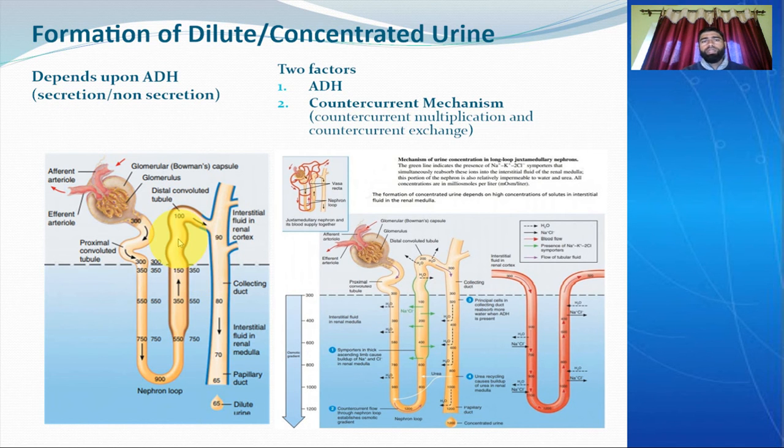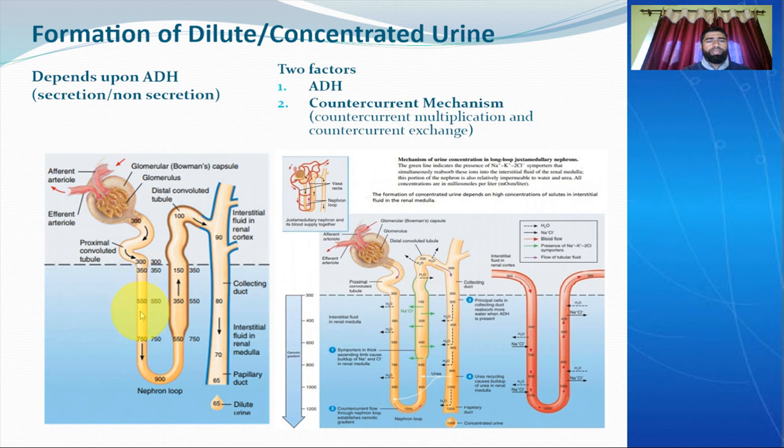Now, how is the dilute urine formed? When the fluid inside the tubule descends down, water moves out under the effect of the increasing osmotic gradient. How is this osmotic gradient formed? It is formed by the symport of ions, Na and Cl, into the interstitial fluid of the medulla.